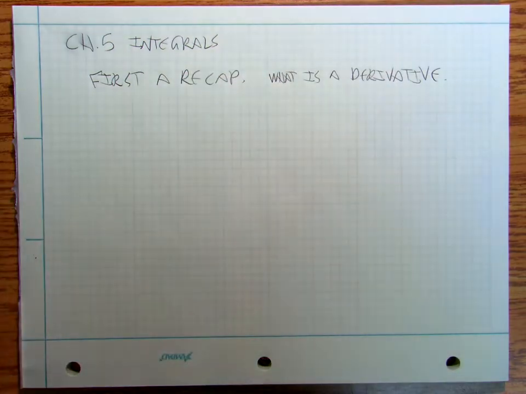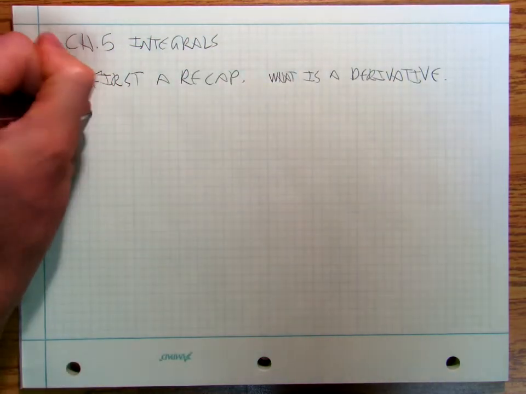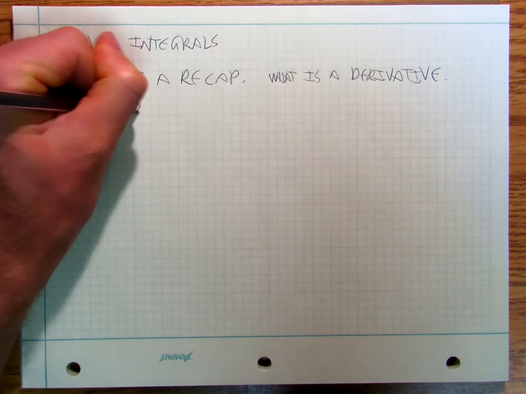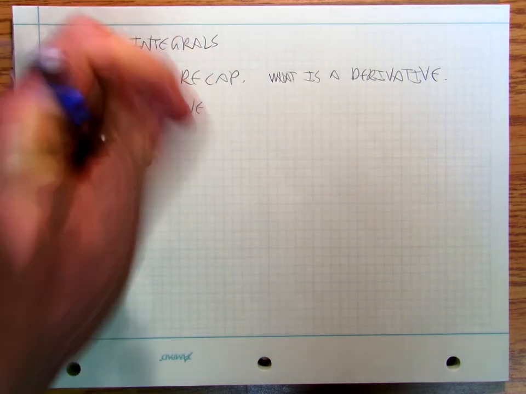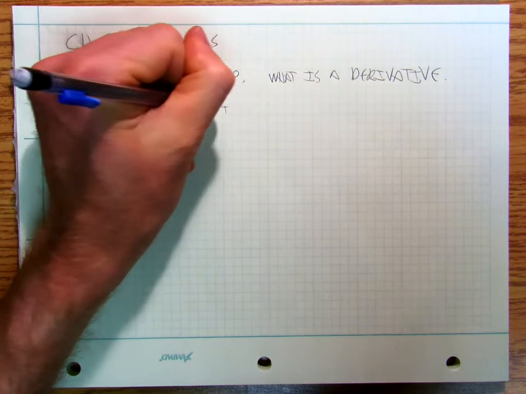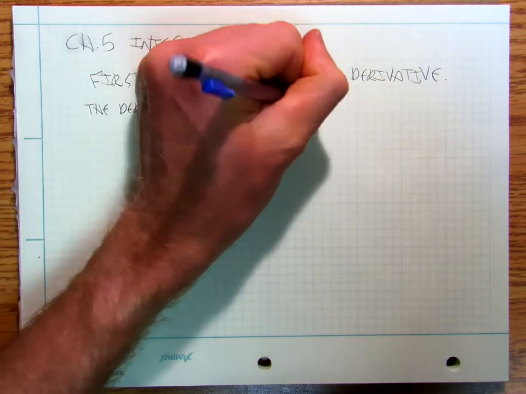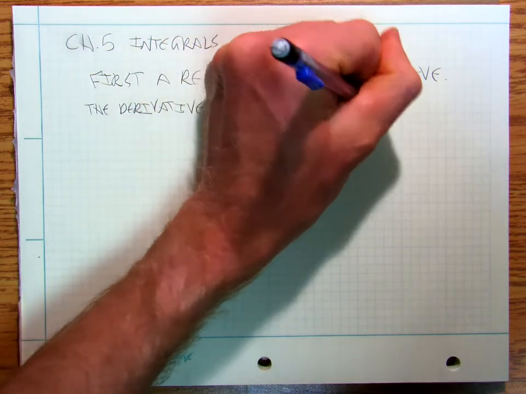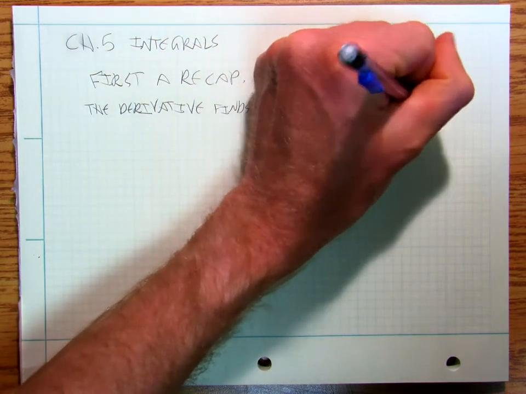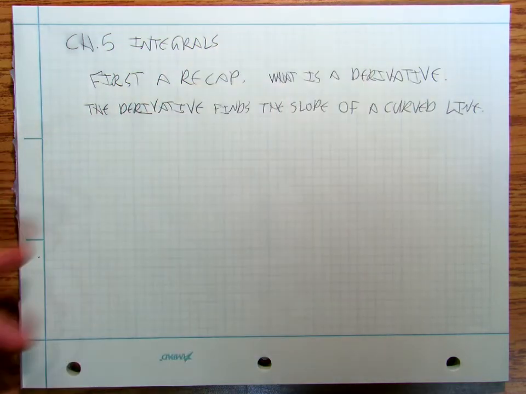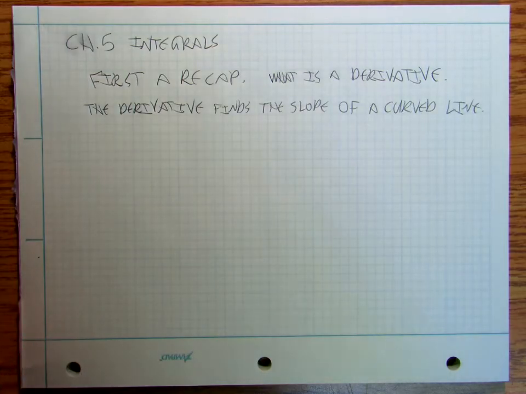It's really important that the derivative finds the slope. It doesn't have to be curved, but the derivative finds the slope of a curved line.